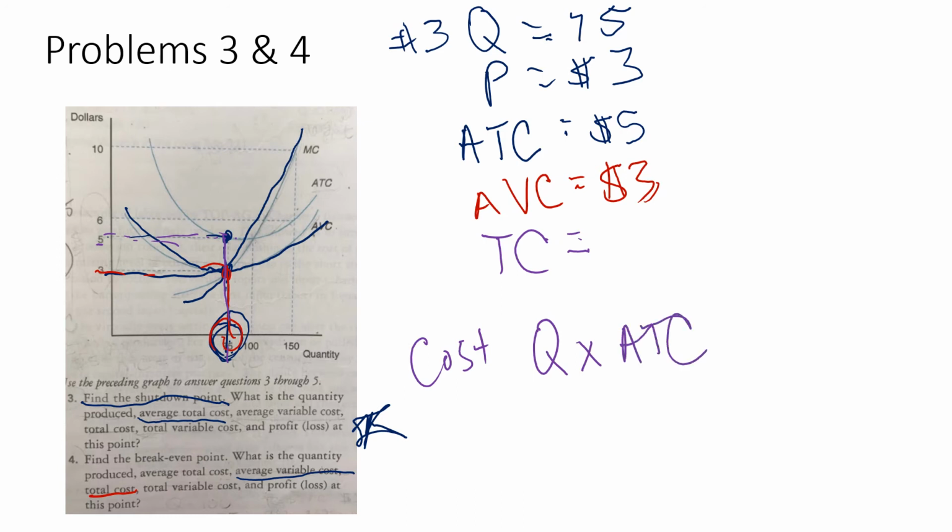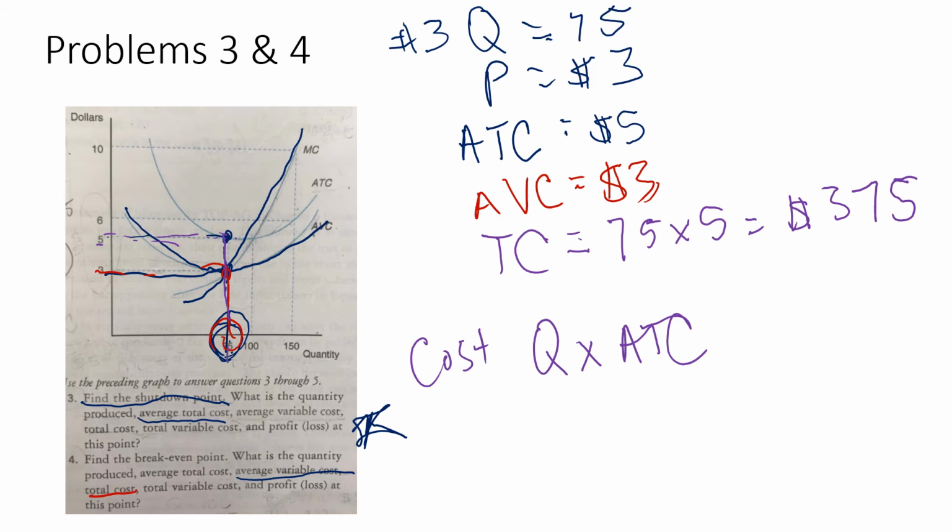So we're producing 75 units, so total cost is going to be 75, and the average cost of each of those units is $5. So 75 times 5, let me calculate that real quick. 75 times 5 is $375.